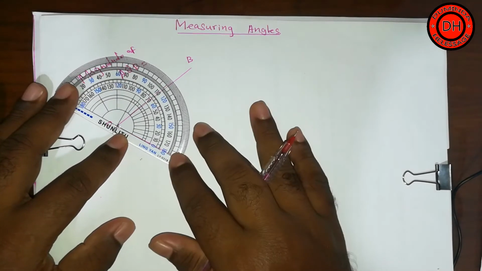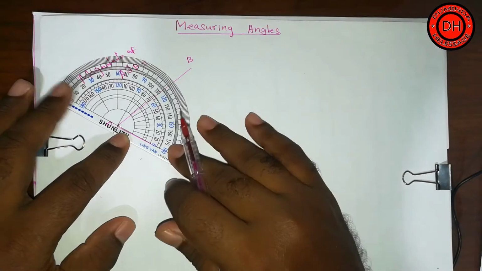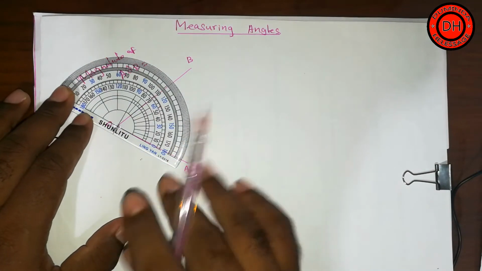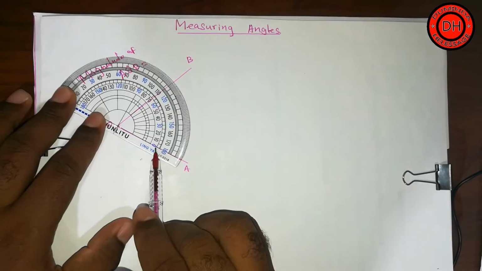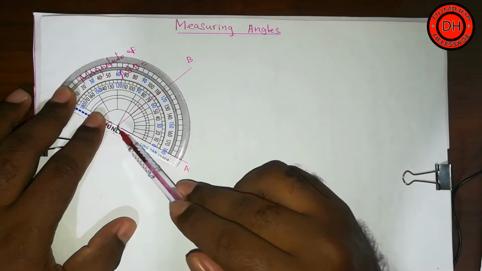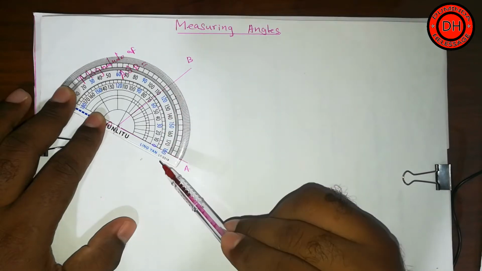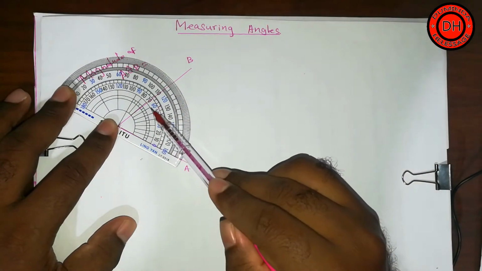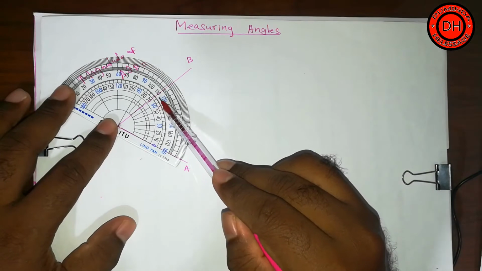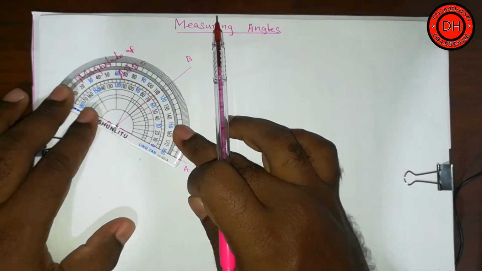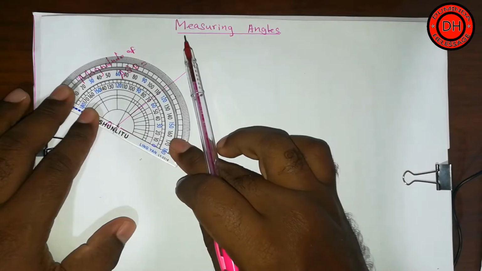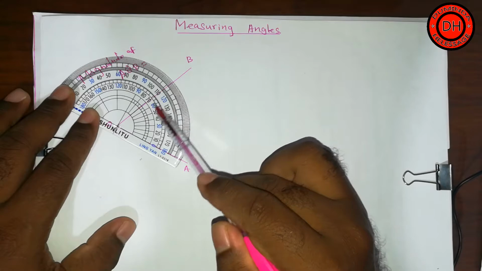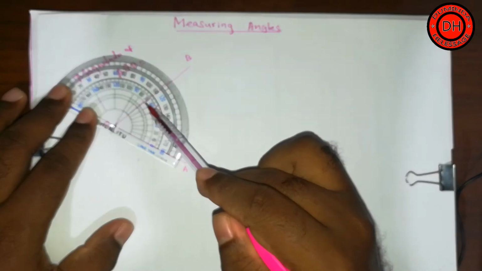Then the arm OB coincides with the line indicated by 70 degrees in the inner scale. You can see here the OB coincides with the line indicated at 70 degrees.